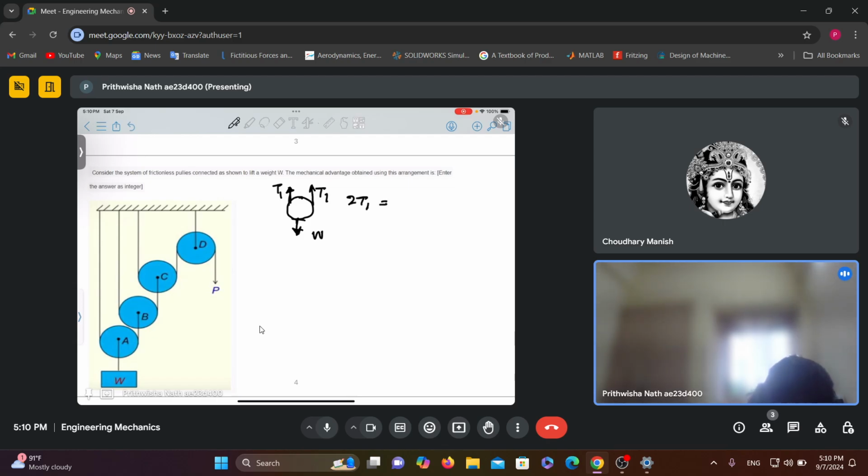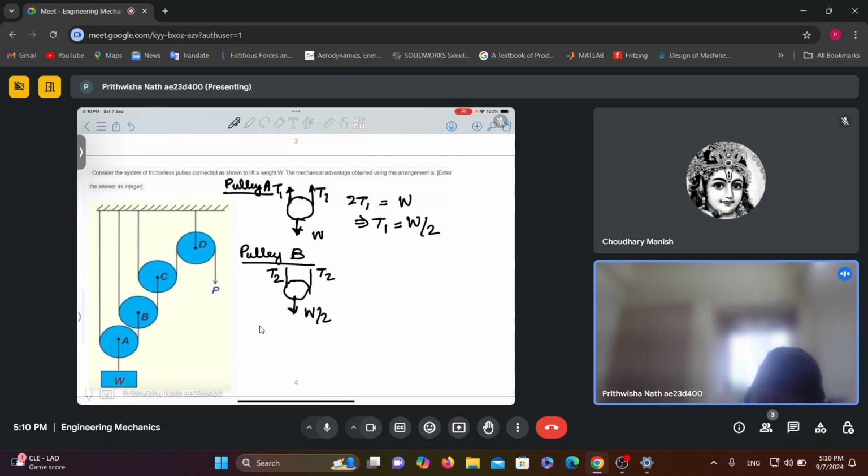So 2T1 equals W, T1 equals W by 2. This is for pulley A. For pulley B, suppose this is T2, and this is W by 2 as calculated. So 2T2 equals W by 2, T2 equals W by 4.